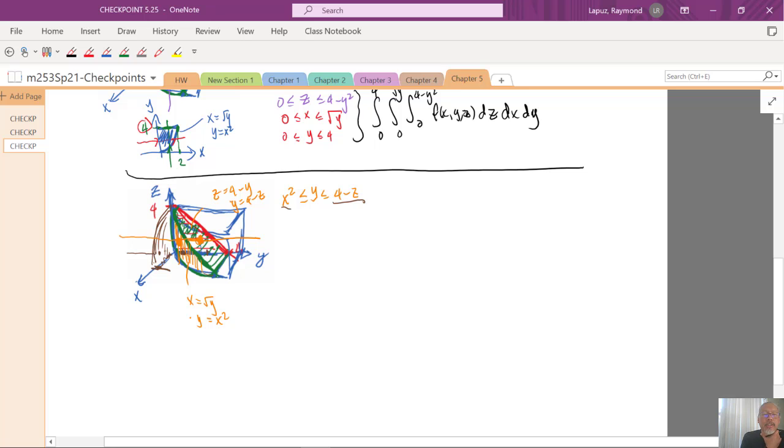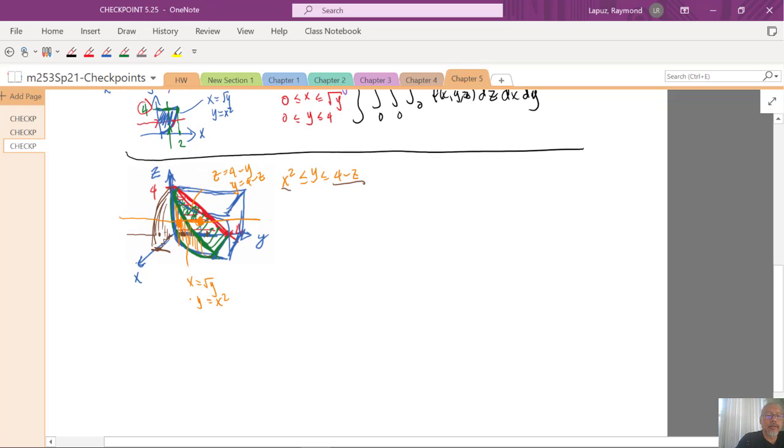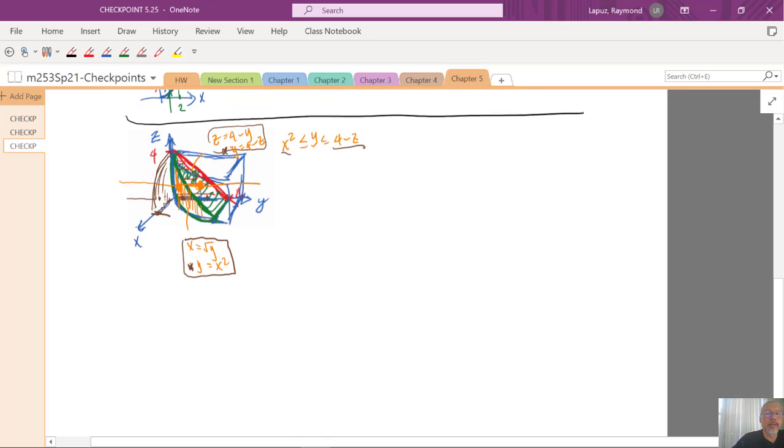And we can find that shadow if we take maybe this function. We know that there's a relationship here between x and y, and we know there's a relationship here between y and z. So if we get y by itself here, and we get y by itself here, and set them equal to each other, let's see what we come up with.